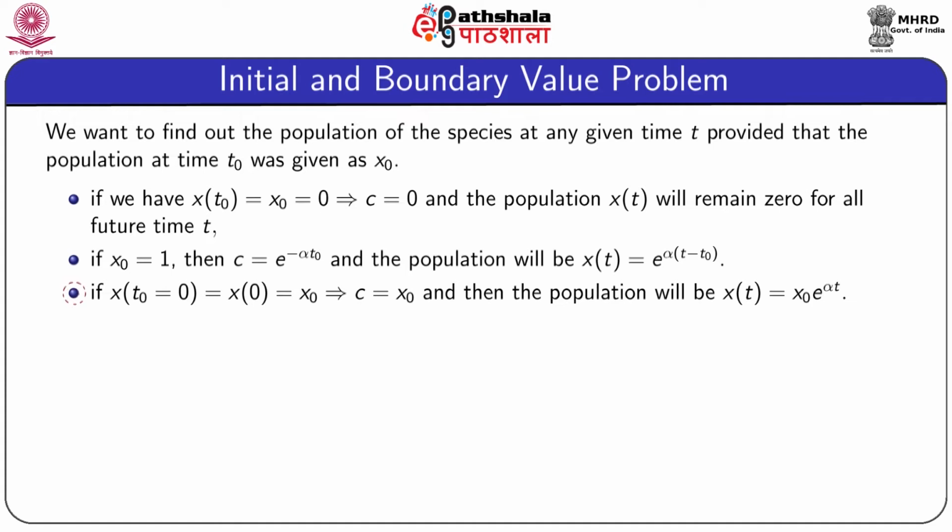However, if we put x0 equal to a general x0, the integrating constant will be x0, and hence the population will be x(t) = x0 e^(-αt). Therefore, note that if we change the initial conditions, we get a different solution for the same differential equation.